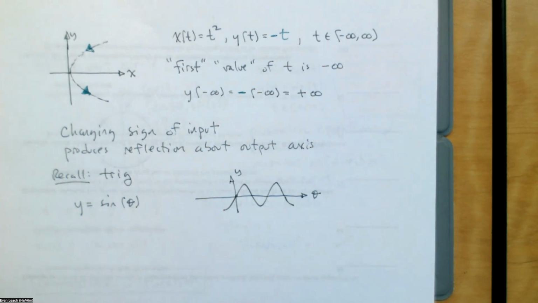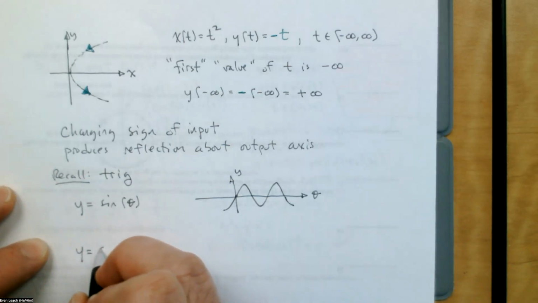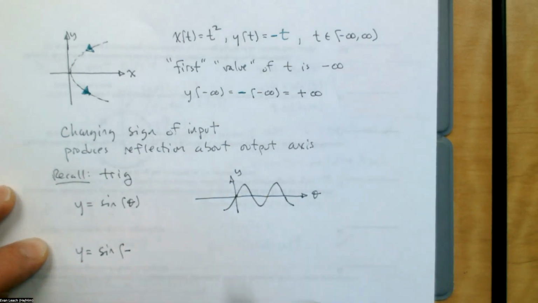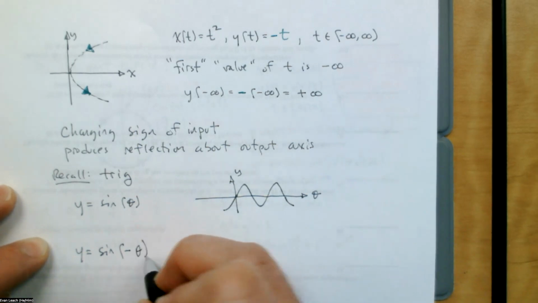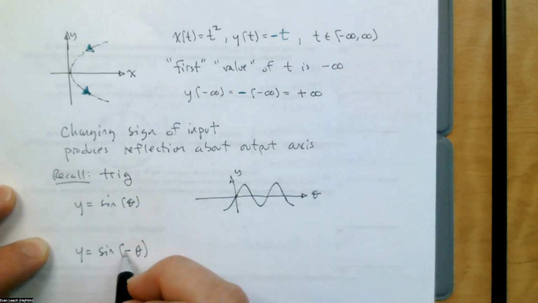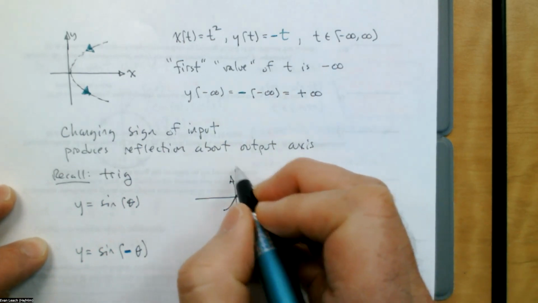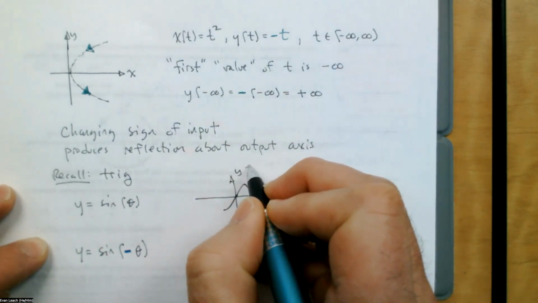Think back to trig. If we look at y equals sine of theta, and I plug in negative theta, if I change the sign of the input, we're going to reflect about the output axis.